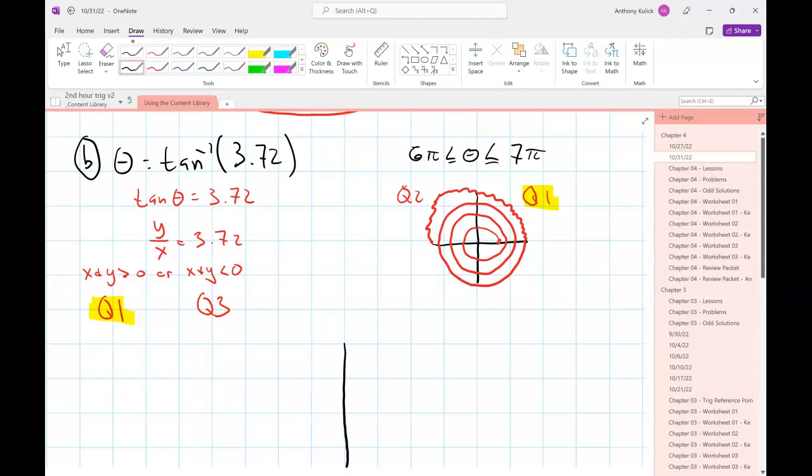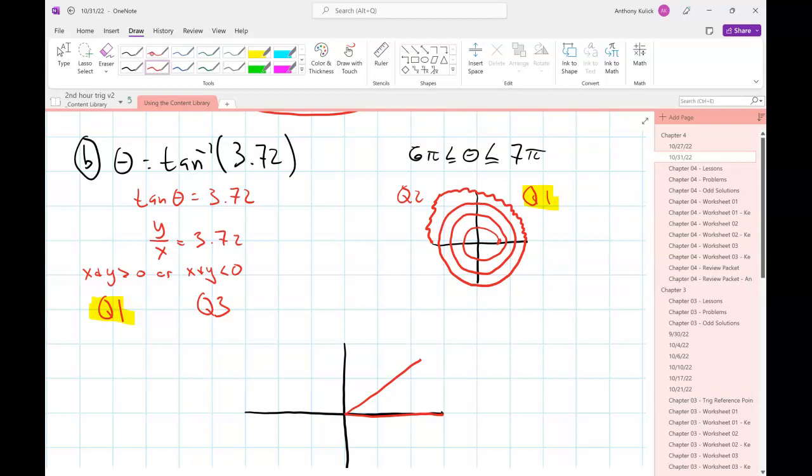Let's draw our picture then. So draw my initial side. I know my terminal side is in quadrant 1. And I'm going to draw my rotation marks for my angle theta. Now, here's the trick, though. I know theta has to lie between 6 pi and 7 pi, right?